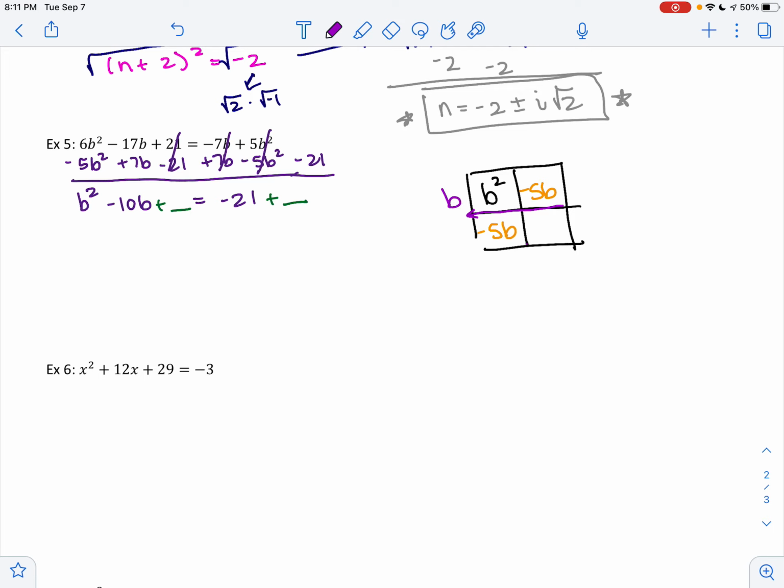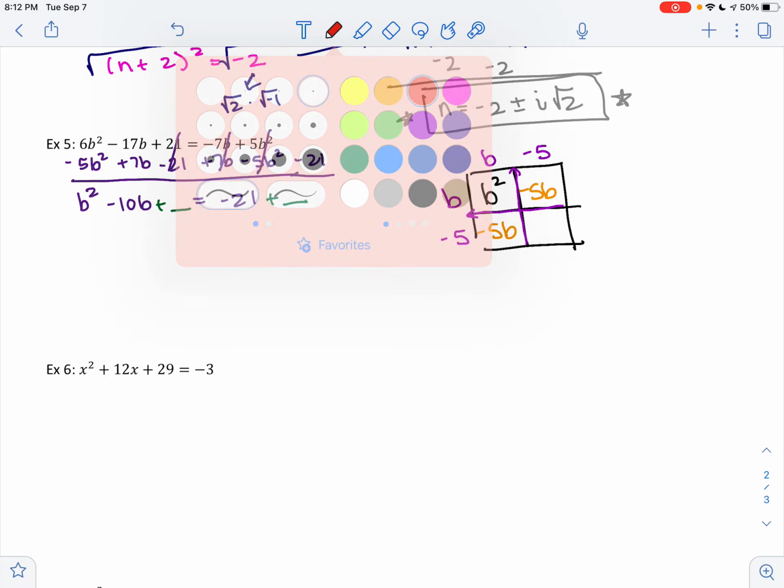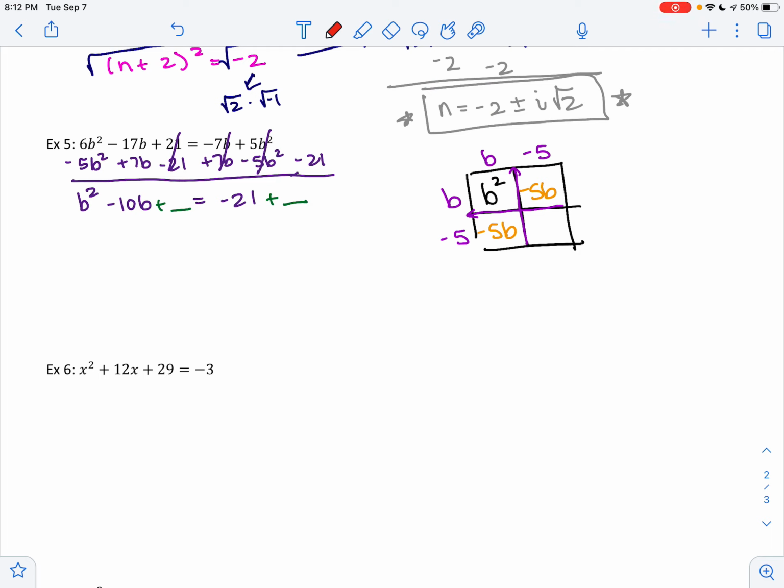The greatest common factor of the left column is b. b times negative 5 would give me negative 5b, and b times negative 5 would give me negative 5b. The missing number that completes the square is negative 5 times negative 5, which is positive 25. So I am going to add 25 to both sides.